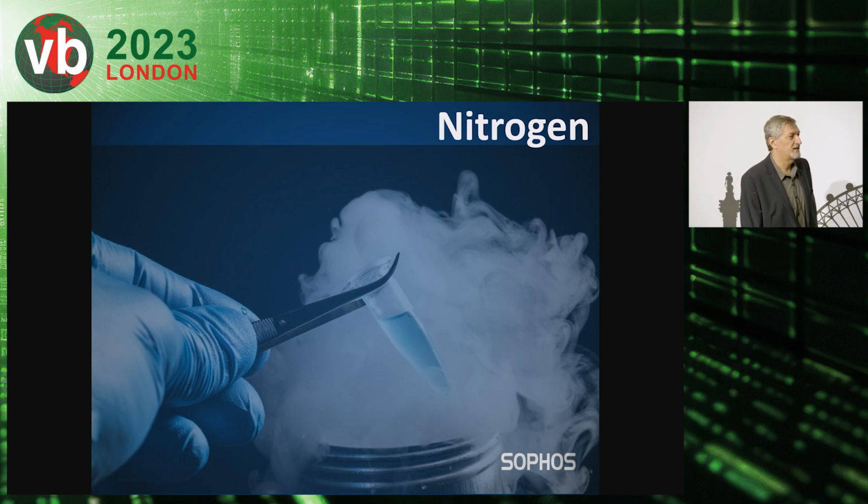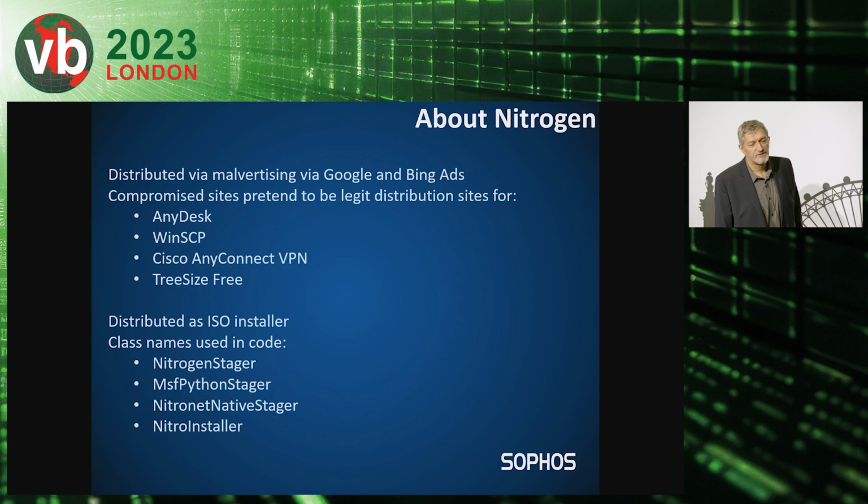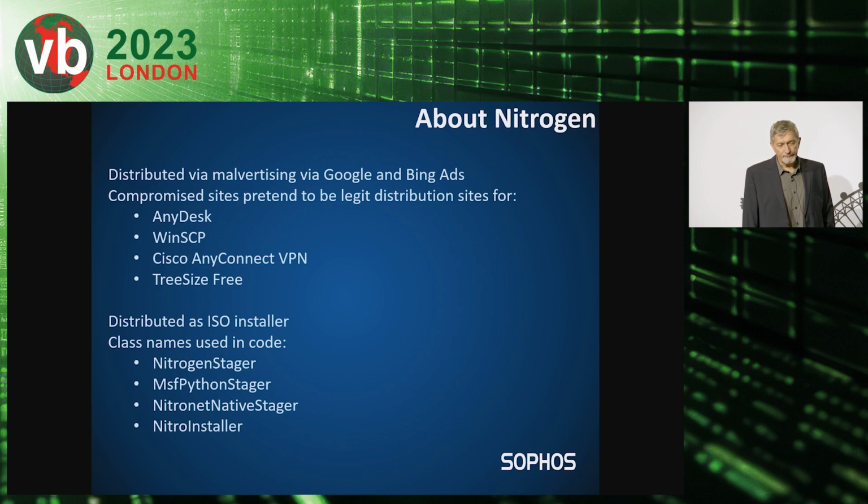The next thing I'm going to talk about, we just recently reported about it. It was the Nitrogen campaigns. And these were also distributed via advertising, Google and Bing ads. And those led to compromised sites that delivered installers for AnyDesk, WinSCP, AnyConnect, or TreeSize.